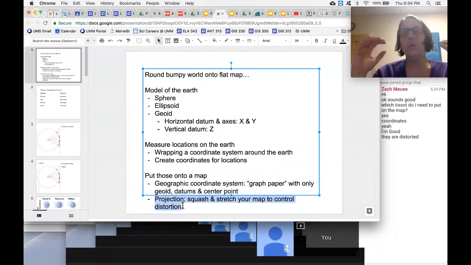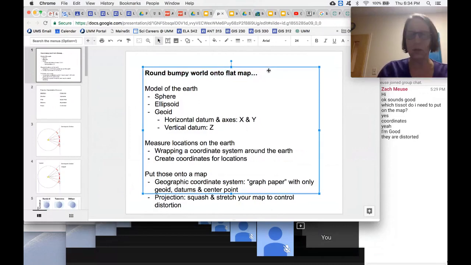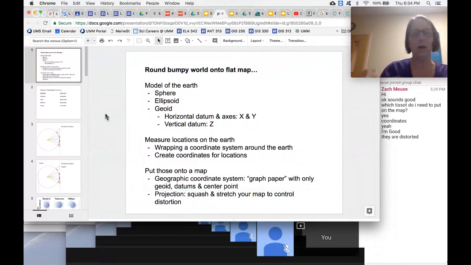There's no way to make a flat map of a round world without distortion. And there have been very poorly informed people who somehow thought there was a way to do that, but there's not. There's no one definitive way to smush. So that process is called projection.